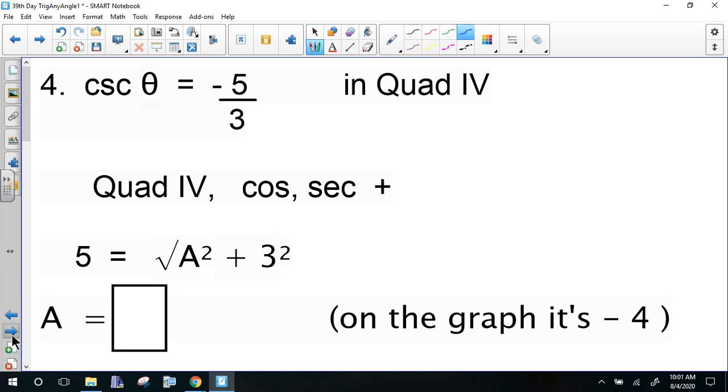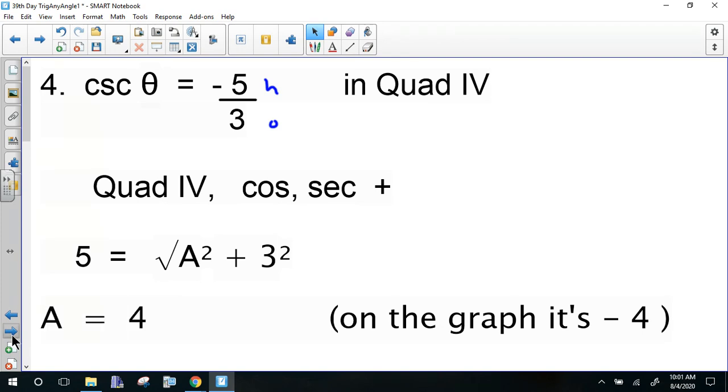Cosecant is the reciprocal of sine, so it's hypotenuse over opposite. So if we plug those numbers in, 5 goes here, 3 is the opposite. We need to solve for adjacent. When we do that, we get 4. So it's a 3, 4, 5 triangle.